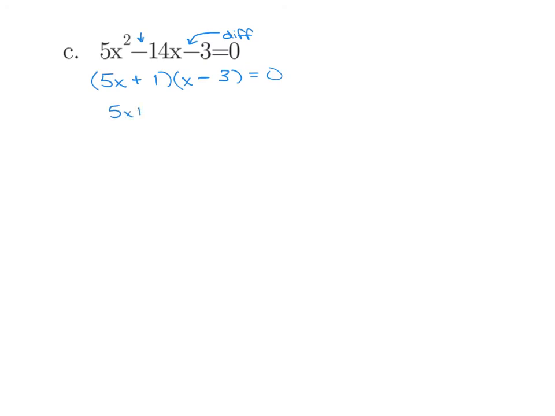Okay, we set each factor equal to 0, and we solve. In the first one, we're going to subtract 1 from both sides and divide by 5. We get x equals -1/5.